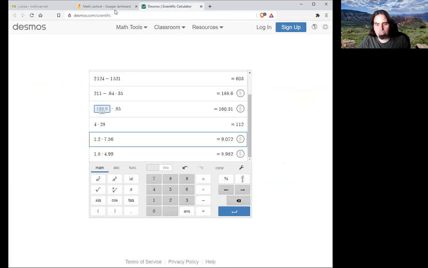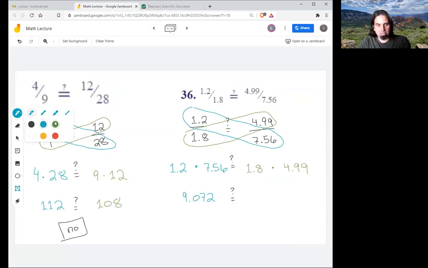And then the other one was 8.982. And those are not the same. So again, our answer is no, the original things were not equal.